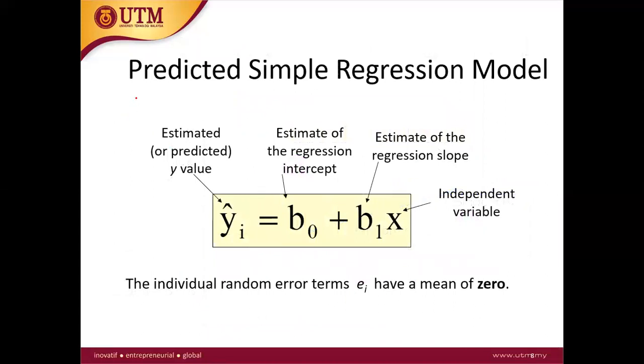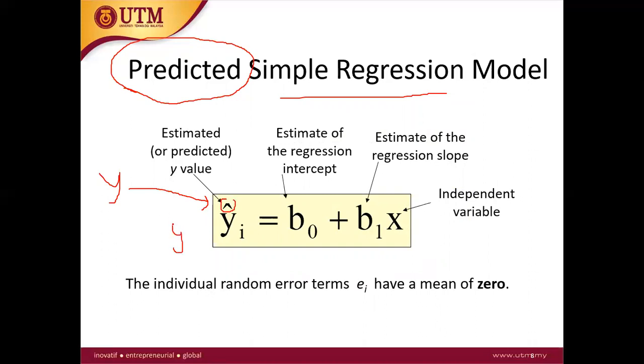But if we define the predicted terms here, the predicted simple regression model, the Y changes to Y cap. Y cap means the estimated or predicted Y value, where B0 is the intercept and B1 is the slope.